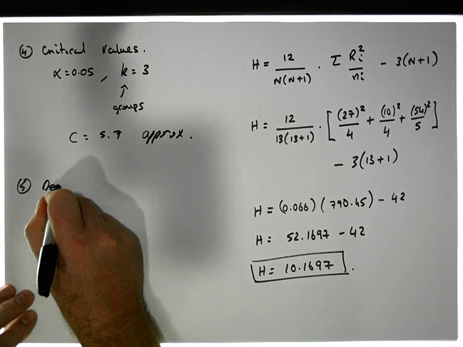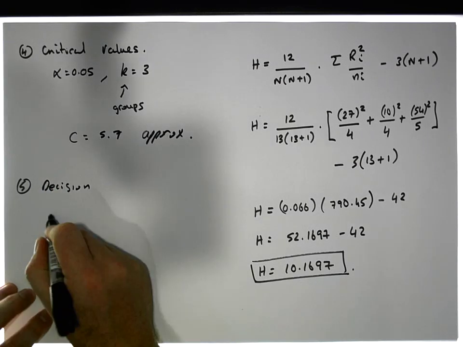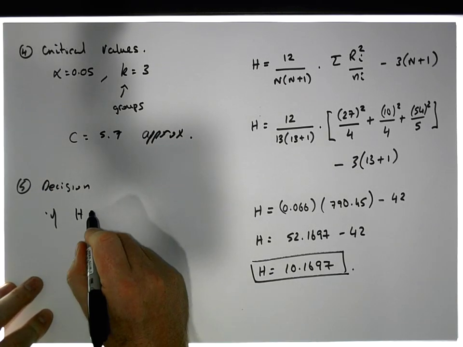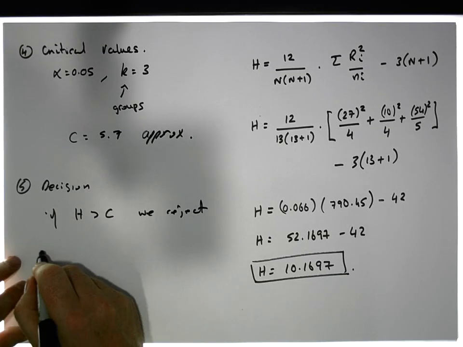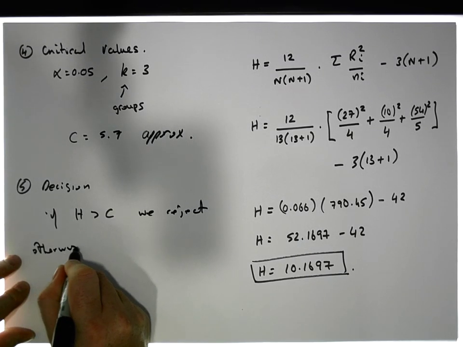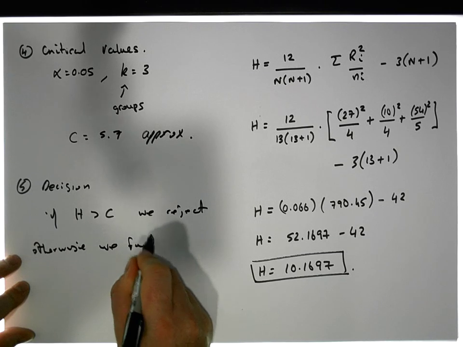our decision criteria is very simple. If H, the test statistic, is bigger than the critical value, we reject. Otherwise we fail to reject.